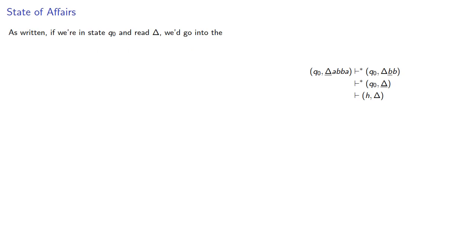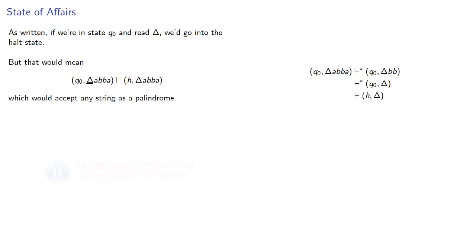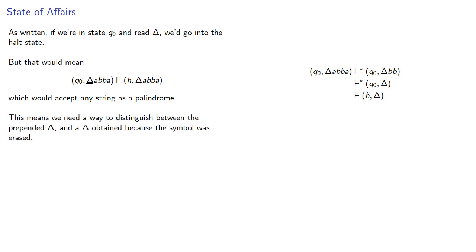As written, if we're in state Q naught and read the blank symbol, we'd go into the halt state. But that would also mean that when we started, we would automatically go into the halt state, and this would accept any string as a palindrome. This means we need a way to distinguish between the prepended blank space and a blank obtained because a symbol was erased.